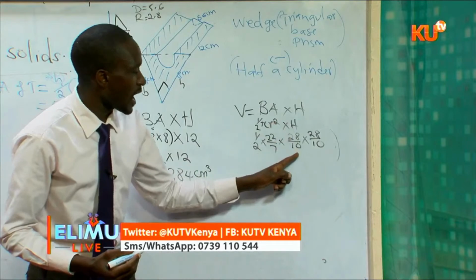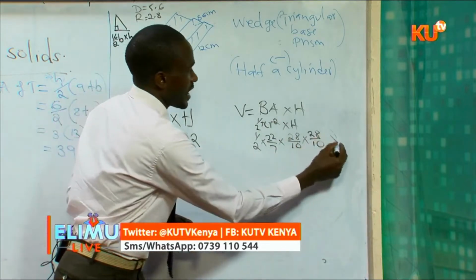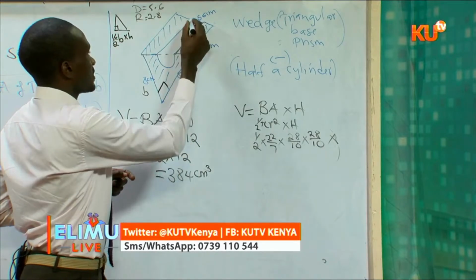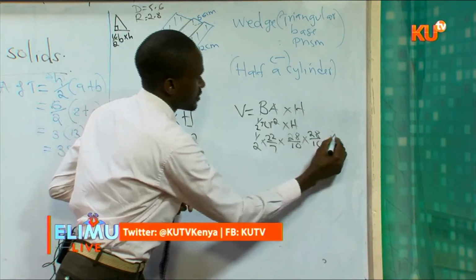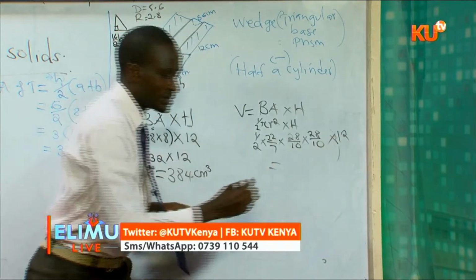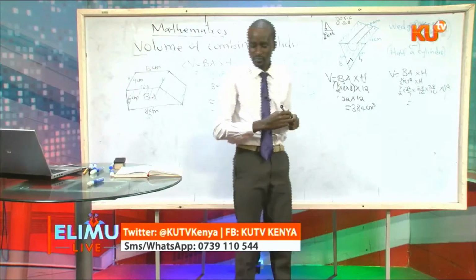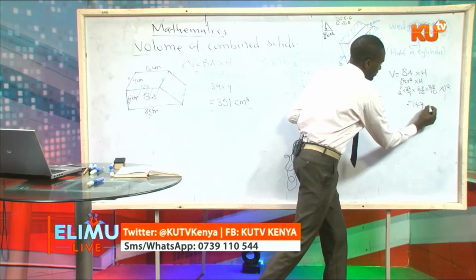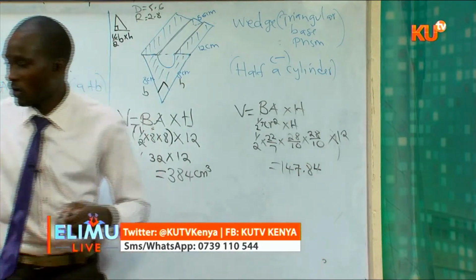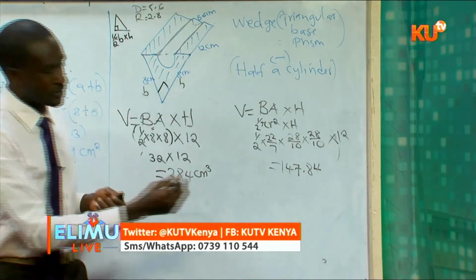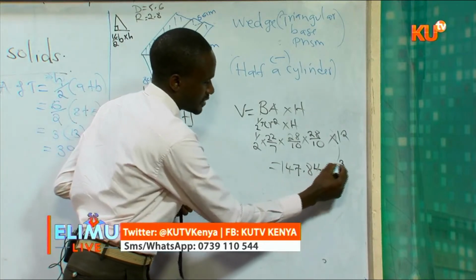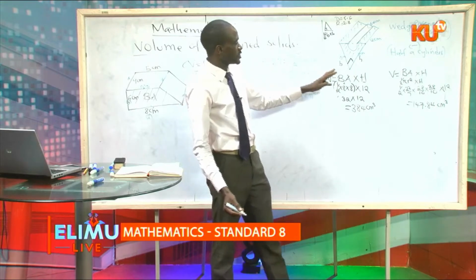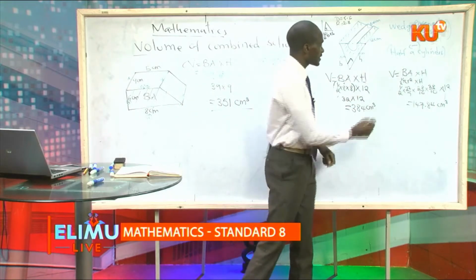Now r square, r times r. Then times height, which is still the same, this one and this one, which is times 12. That gives us 147.84 cubic centimeter. Now you have the volume of the wedge and volume of half a cylinder.